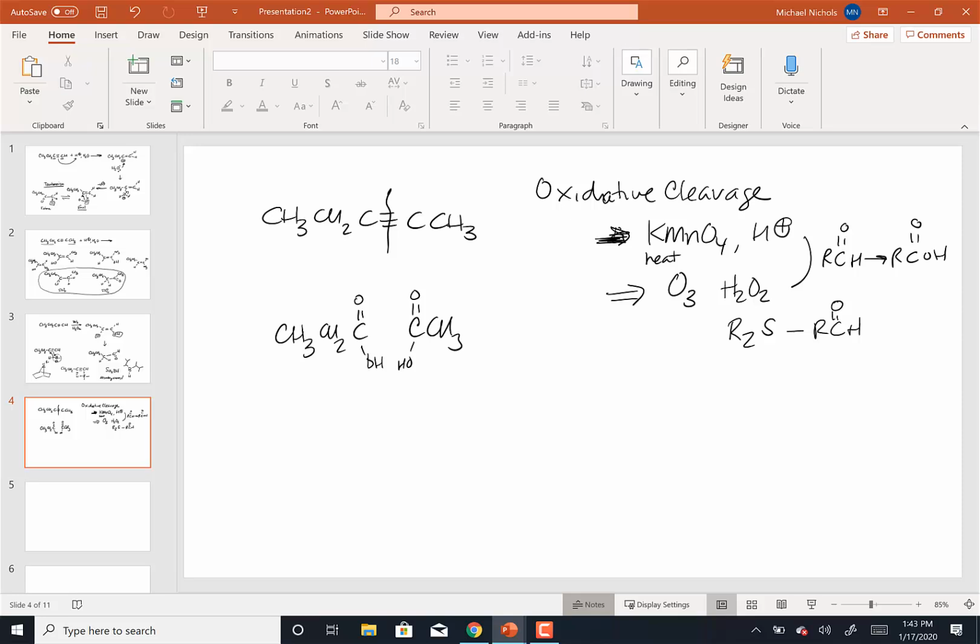There's probably some other super oxidizers out there. KMnO4 is probably the best. So that's what's different. So that kind of cleans up the rest of the alkyne reactions. Everything else is like HBr.